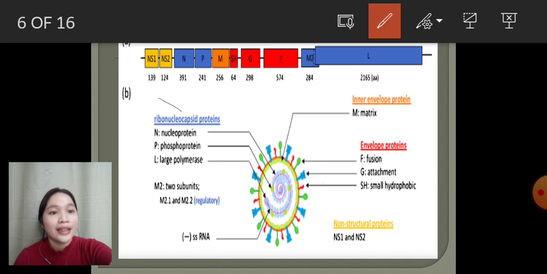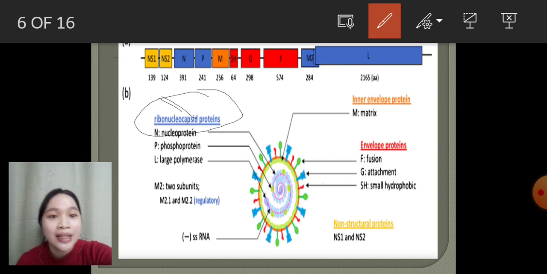Kung makikita natin dito, mayroon siyang nucleocapsid proteins. Those nucleocapsid proteins are composed of 4. Yung nucleoprotein natin, ito siya, yung violet colored.